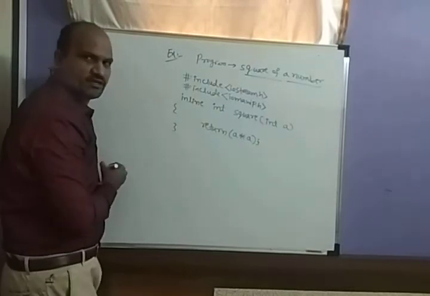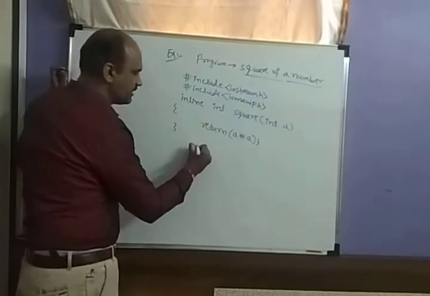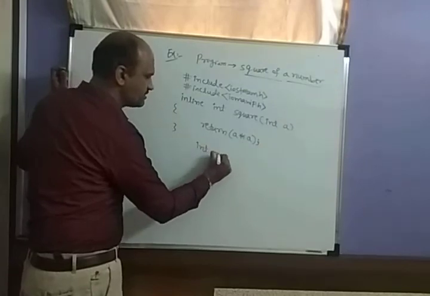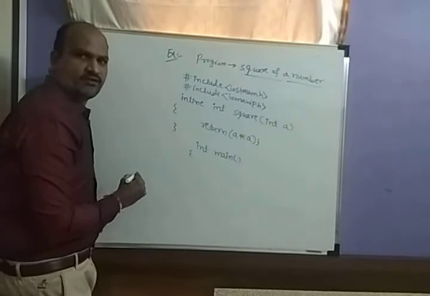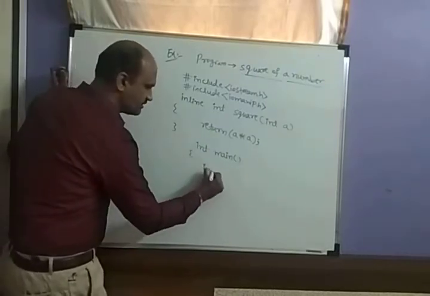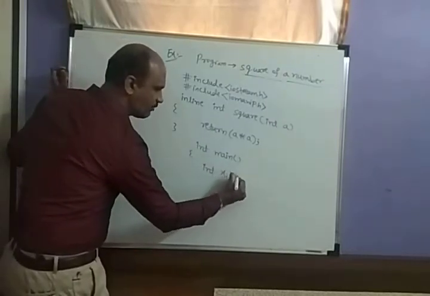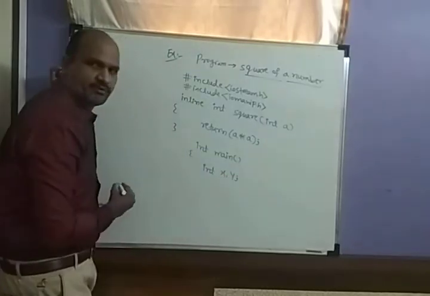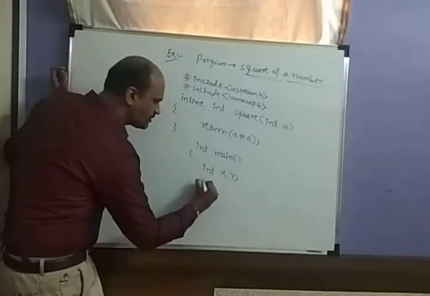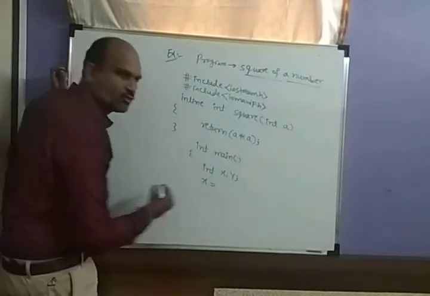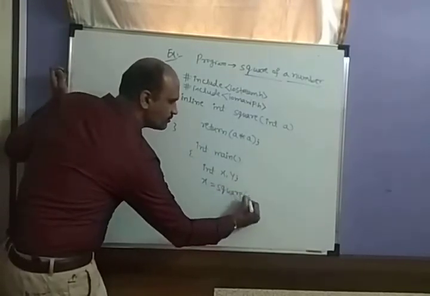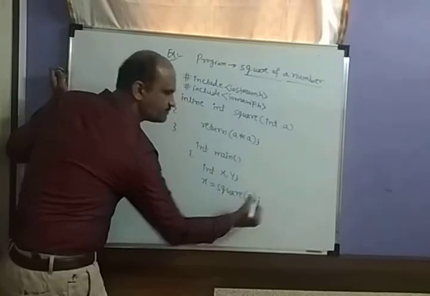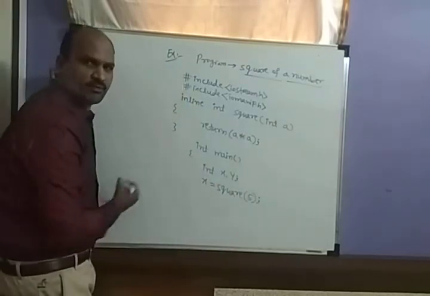In the main function, which is now very small, I will write int main. We will define two variables, int x and y. When you call the first one, x is equal to square of 5. I have given the number 5.